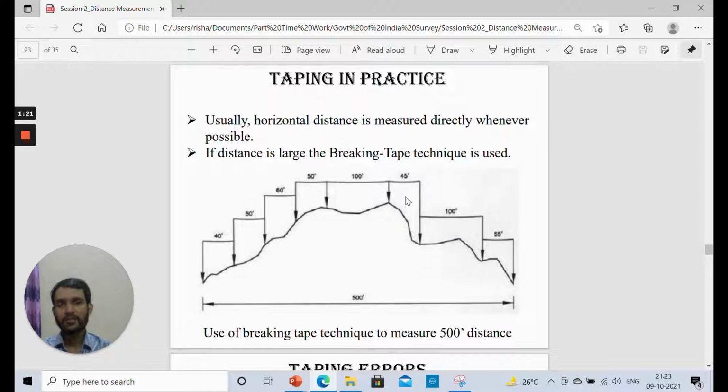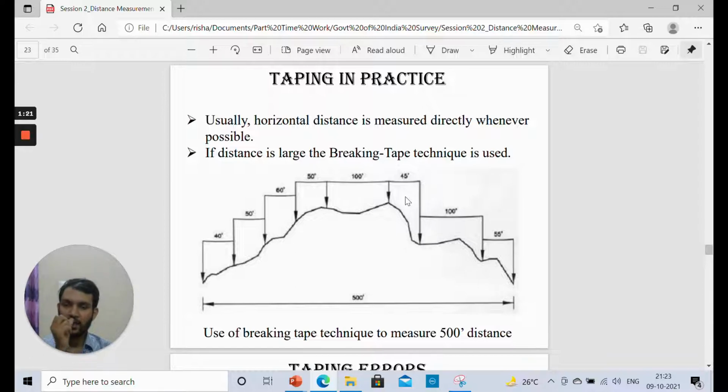If they are perfectly on flat terrain, then you can find it directly with the help of a tape. If they are on sloping ground, then you may have to use plumb bobs and hand levels to locate that point and find that horizontal distance. Once you have found all those horizontal distances from the starting point to the final point, then you can add them.